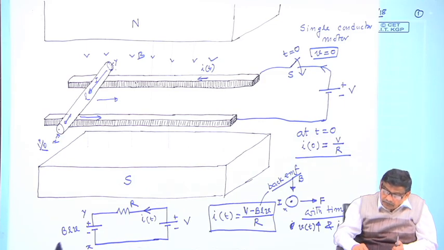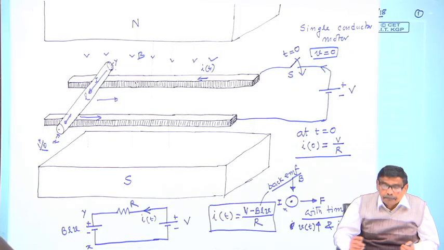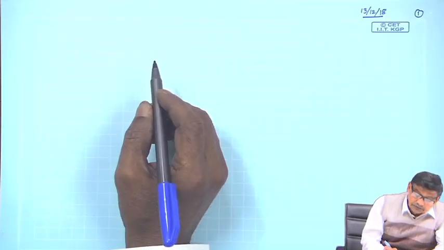Now, how this voltage and current change with time, I want to know mathematically. That is why we must write down these equations. One equation is clear.